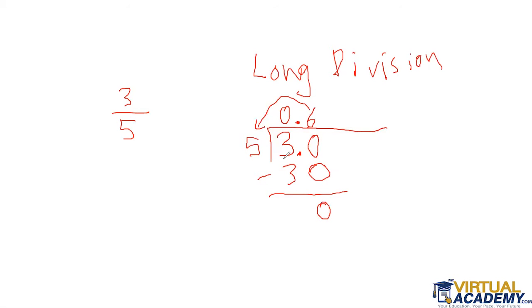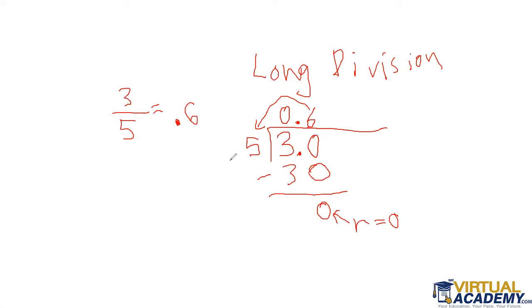We don't go any further. Once we get a remainder of 0, we're done. Remainder is 0. So 3/5 equals 0.6. Okay, 0.6.